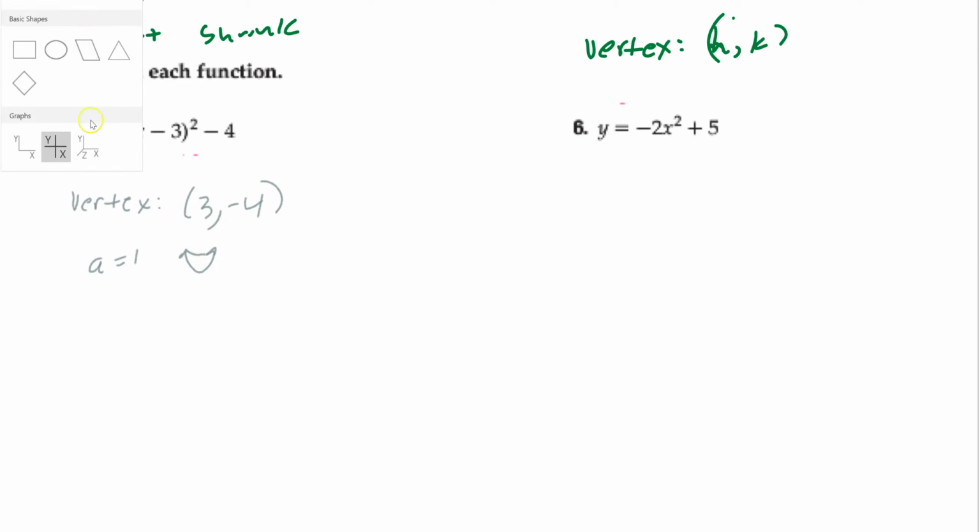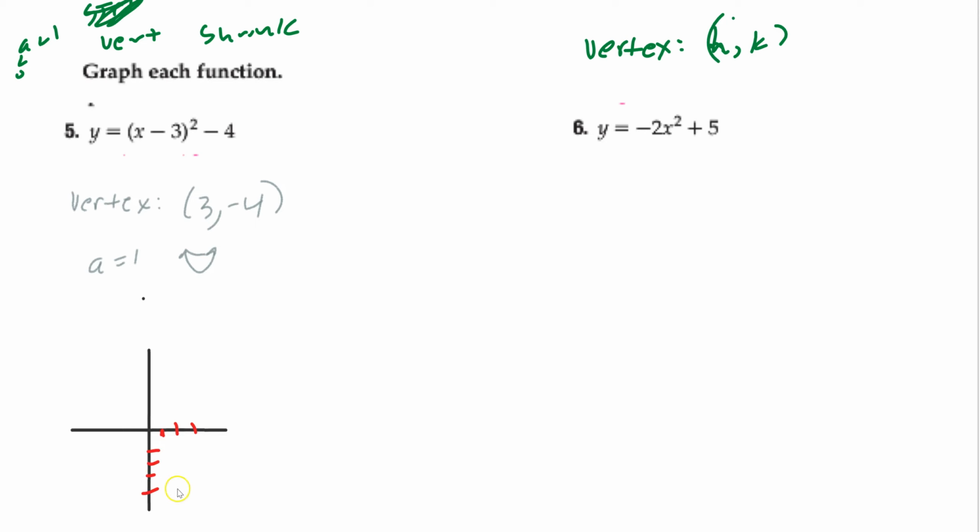I'm going to graph this. I'm going to go 3, negative 4. And then it's opening up, so kind of like this. Now again, if I want to make it a nice graph, I could find the y-intercept or the x-intercept, but it's just a little sketch. We're just doing a graph with transformations.